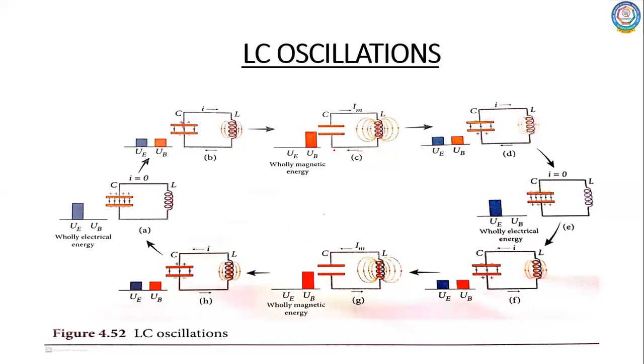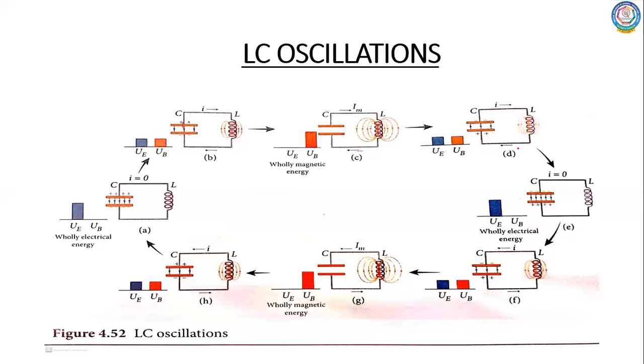So what is happening here? Here you have maximum current, but as it flows, the magnitude of current will be decreasing, because the magnetic field will start collapsing. The value of current which was maximum now starts reducing, which charges the capacitor.